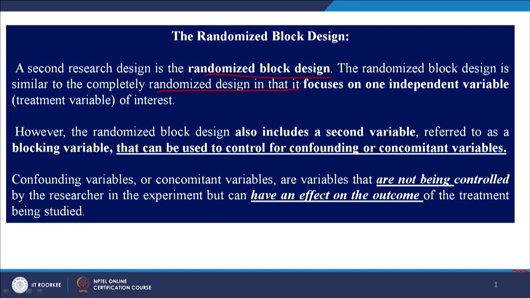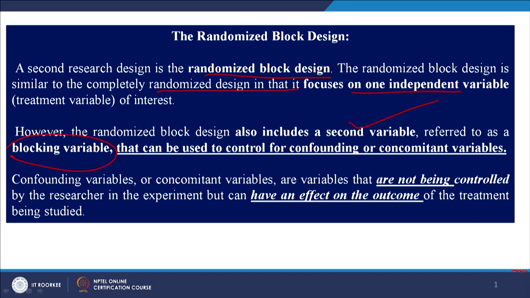What we do in randomized block design is very similar to completely randomized design, which focuses on one independent variable, but here in randomized block design it includes one more variable, and this variable is referred to as the blocking variable.